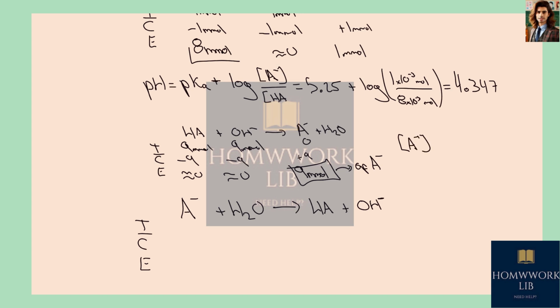We are told that the volume at the equivalence point is 44 milliliters. So we are going to have 9 times 10 to the minus 3 mole divided by 44 times 10 to the minus 3 liters. So the concentration of A minus that we're going to get initially at the equivalence point is 0.2045 molar.